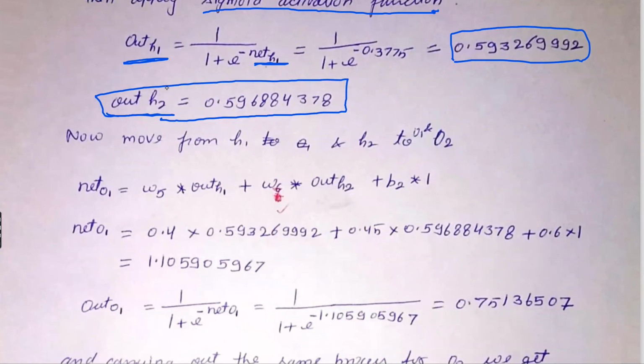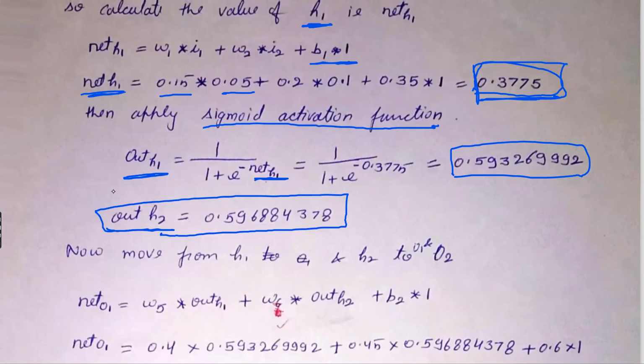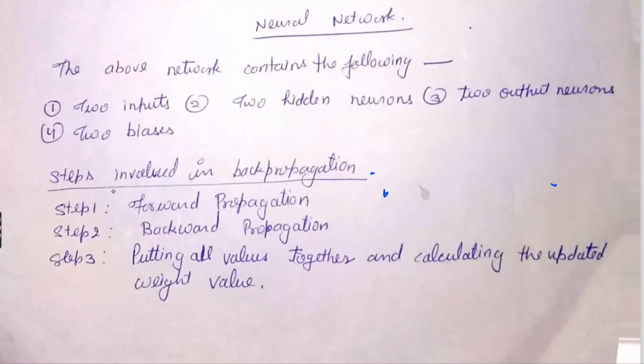Now we will move towards O1 from H1 and towards O2 from H2. First of all, we have to calculate net O1, in a similar way as we calculated net H1. See the diagram again.